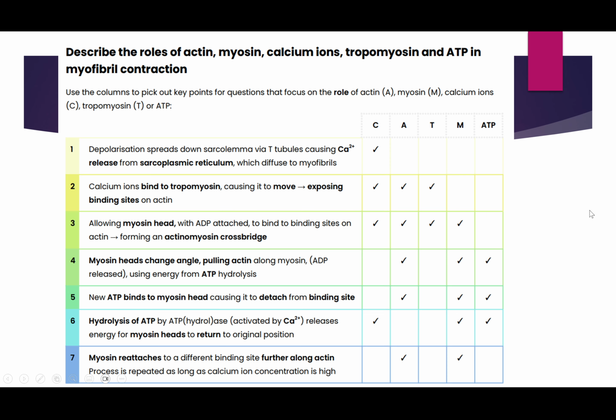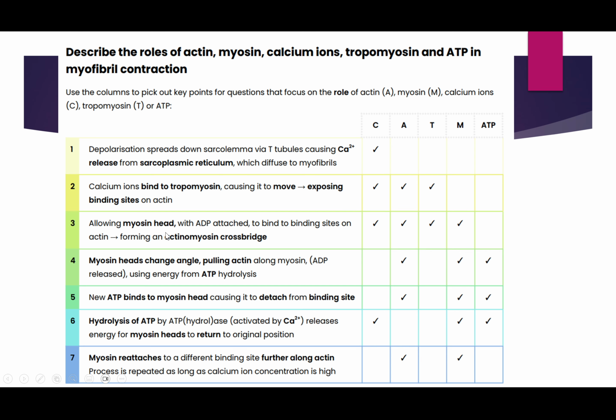So here we've got the role of actin A, myosin M, calcium ion C, tropomyosin T, and ATP in muscle contraction. So the first thing that happens is depolarization spreads down the sarcolemma via the T tubules, which causes calcium to be released from the sarcoplasmic reticulum, which diffuses into the myofibrils. The calcium ions then bind to the tropomyosin, causing it to move and exposing the binding sites on the actin.